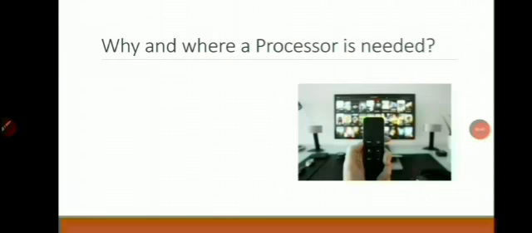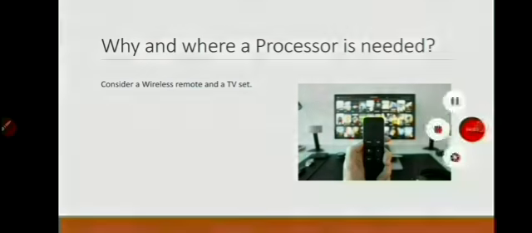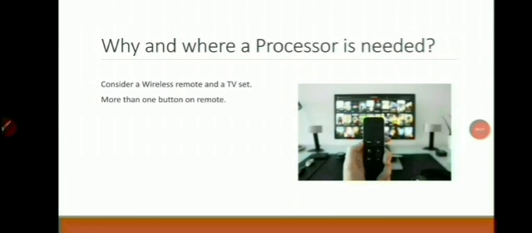Consider another system, a remote controlled TV. In the previous case, we saw that there is one switch and one output. But in this case, we have many switches, many buttons on the remote, and there are various channels on the TV. Also, we can notice that there is no physical medium attached between the remote and the TV.